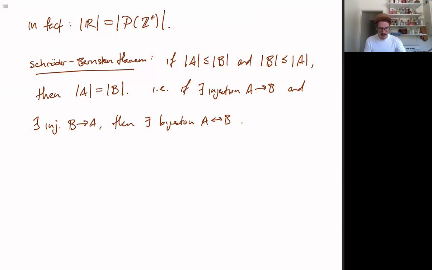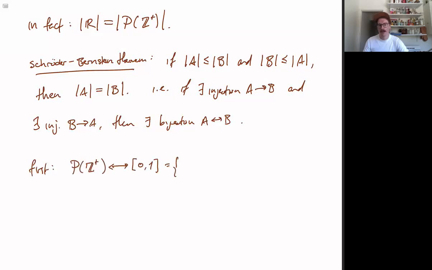So let me very quickly give some idea about how to use this theorem to prove this fact. What we need to do is give injections in both directions. So first, I'm going to give a bijection, actually, between the power set of the positive integers and the closed interval from 0 to 1.